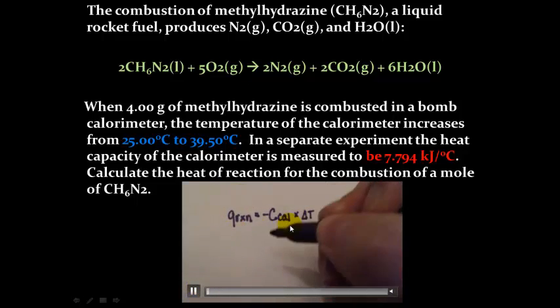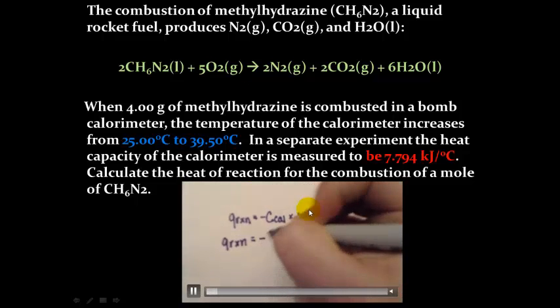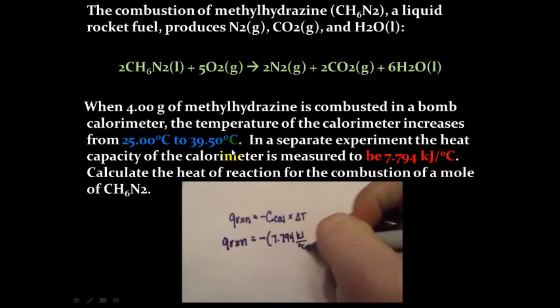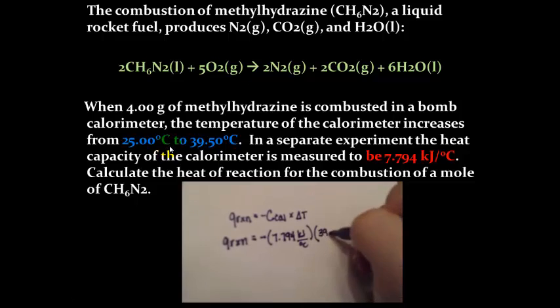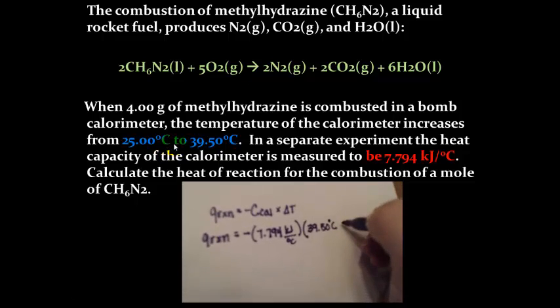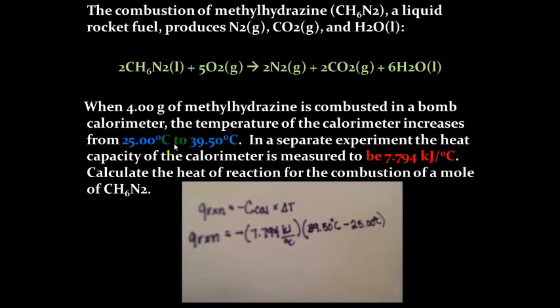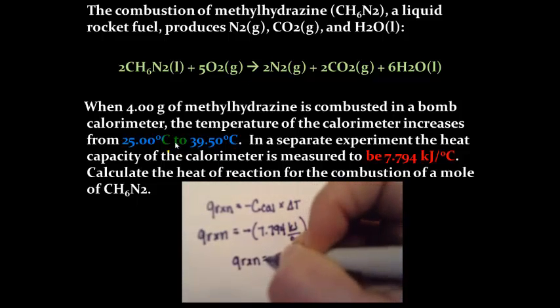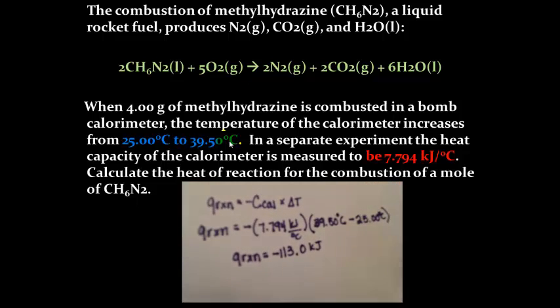So here's our formula for bomb calorimetry. So all we need to do to find Q is to plug in the heat capacity of the calorimeter times the change in temperature, so 39.5 minus 25 degrees Celsius. And that will give us a Q of negative 113 kilojoules.